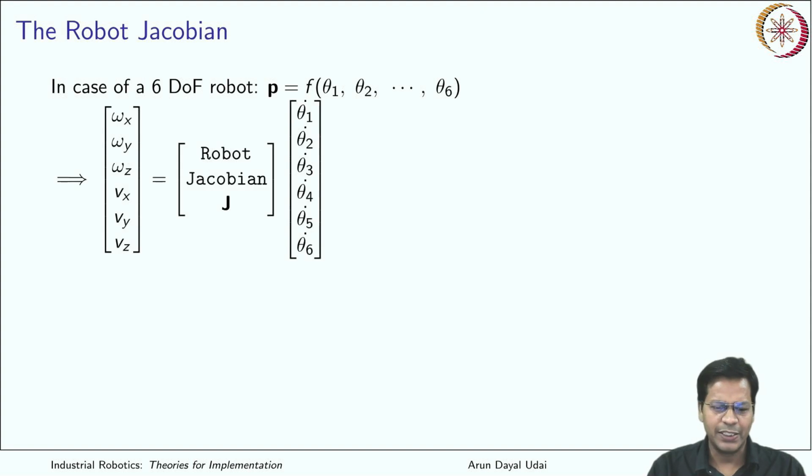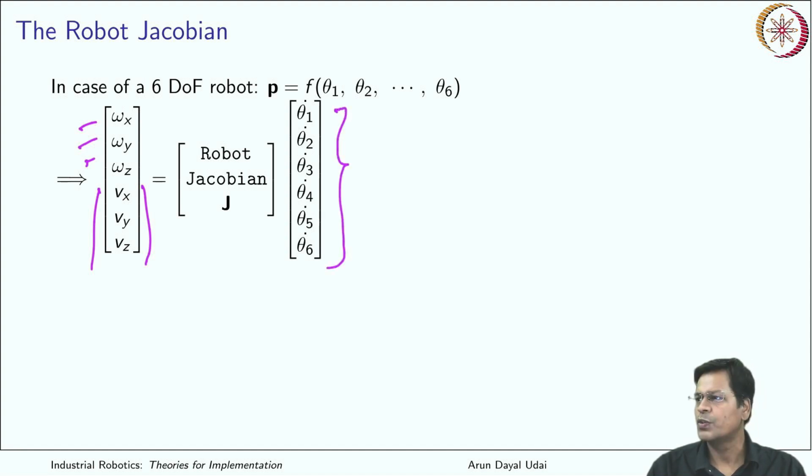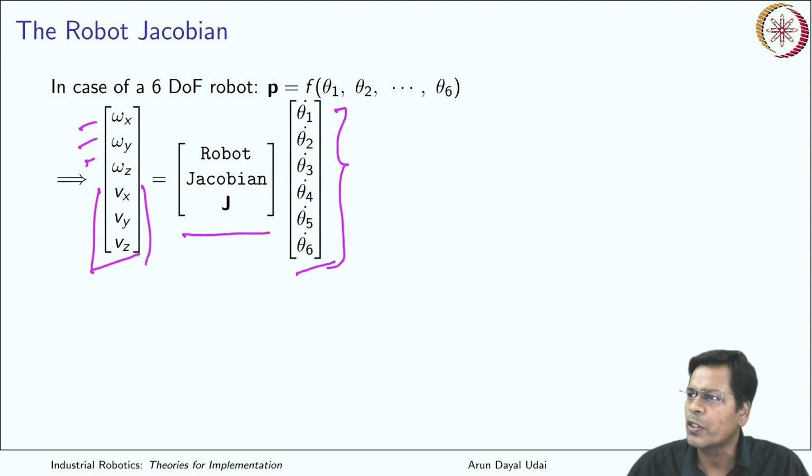What we are seeking here are the angular velocity rates of the end effector and the linear velocities of the end effector. These are the input joint angle rates, this is the input and this is your output, and both are related by a term known as the robot Jacobian. This is what we are looking for. This is very, very important.